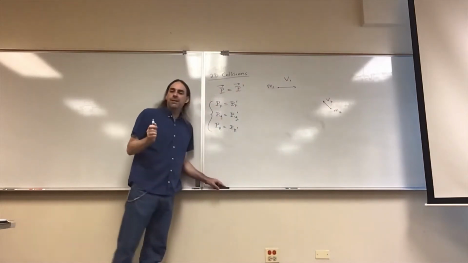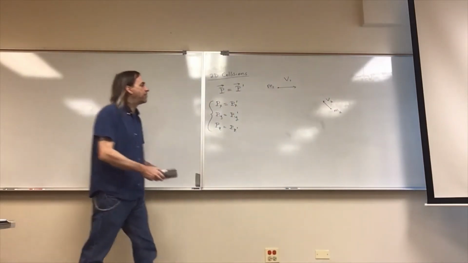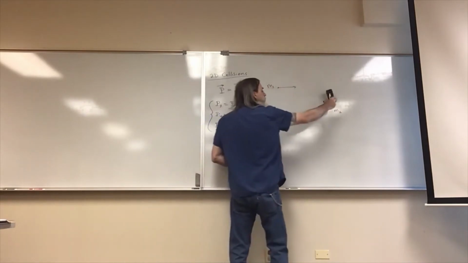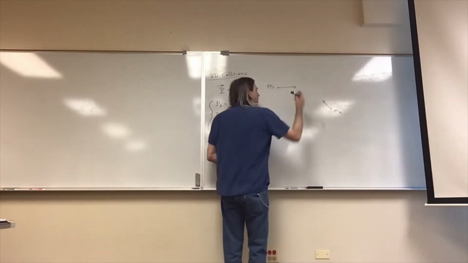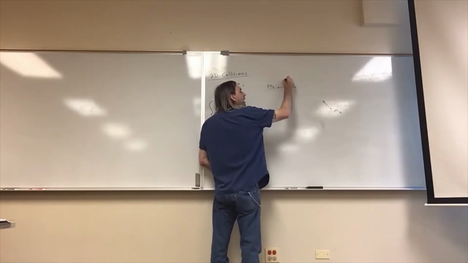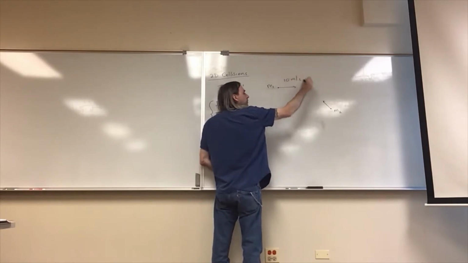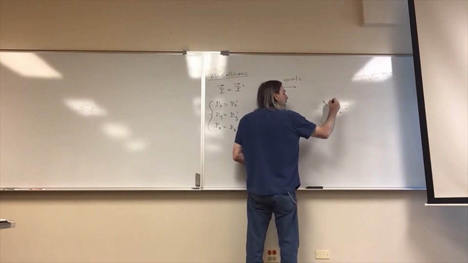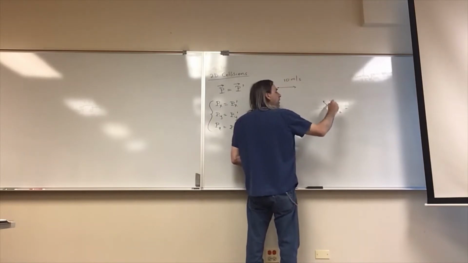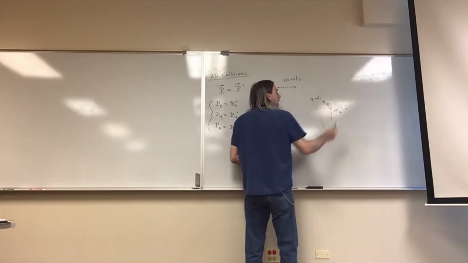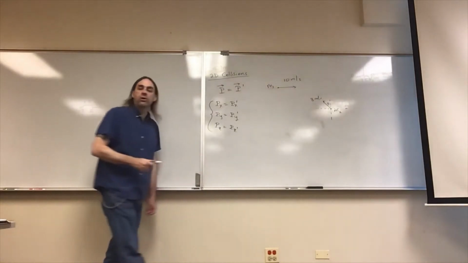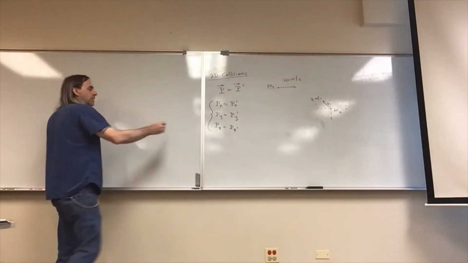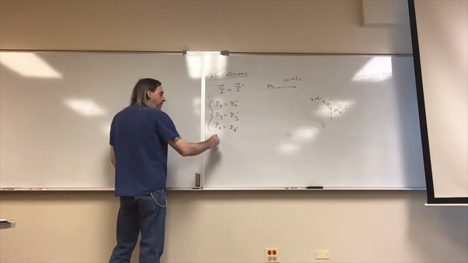Actually, maybe we won't solve this, but let's just make up numbers. Let's say this is 10 meters per second. And for mass 2, it's moving 8 meters per second at an angle, like I drew it, with respect to the y-axis. Let's say in this problem, theta is 30 degrees.